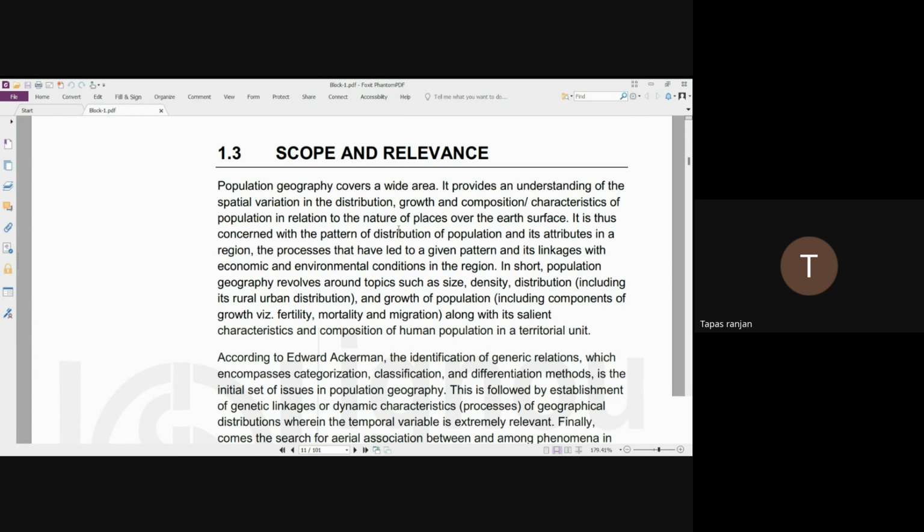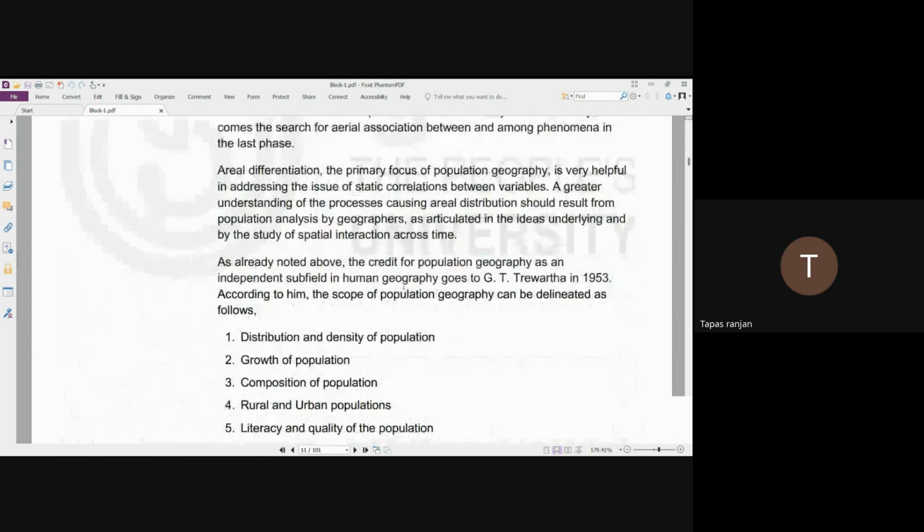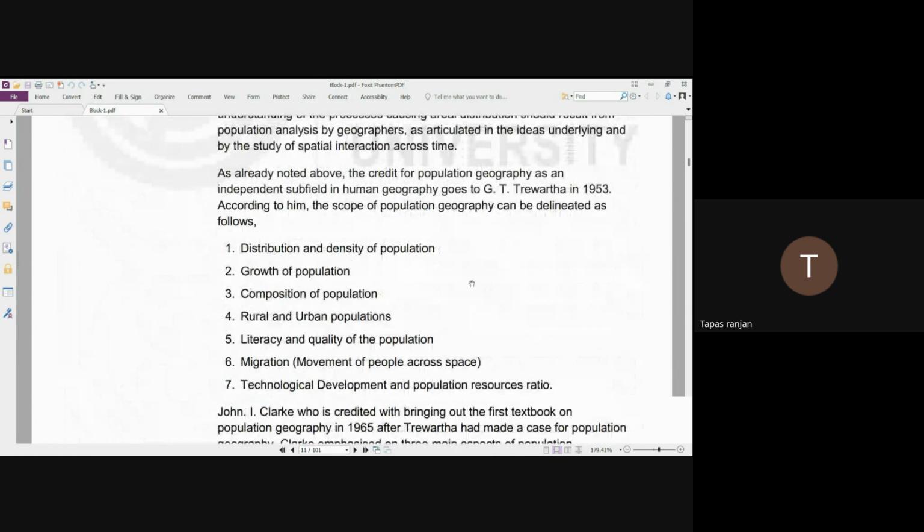How it is relevant: it is relevant based on the size, distribution and density of population, and growth of population. These are the scope of population geography. By studying these components and elements, we can define the population of any region.